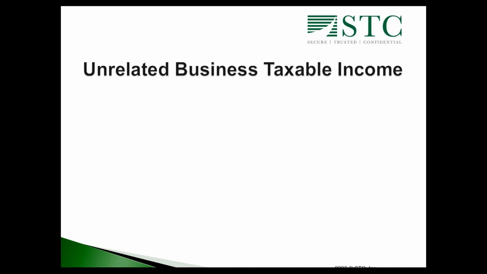The first one is unrelated business taxable income. So let me define what that is. It's called UBIT, unrelated business income tax, or unrelated business taxable income. It was designed by the IRS so that charitable organizations who didn't pay taxes wouldn't have a benefit over for-profit organizations who do pay taxes if that charitable organization had some income producing part of their business that wasn't tied to their tax exempt status.